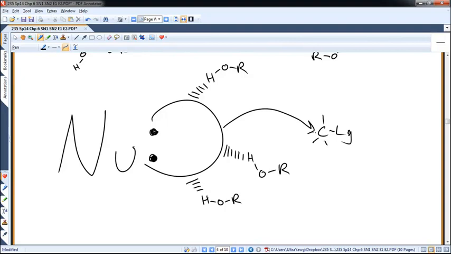So, hi-ya, the solvent just won't get in the way. And so if you had a polar protic solvent like water or ethanol, iodide and bromide would be much better than if you had a smaller orbital, like a fluoride or a chloride, for example.